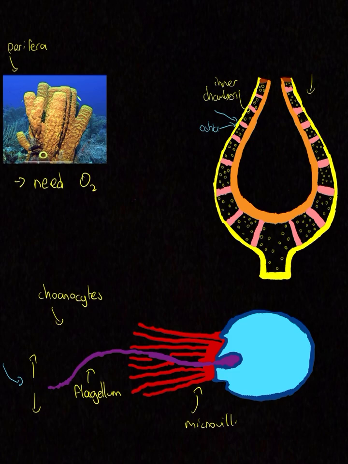It passes through a system of canals in the sponge, and as it does that, it passes through other cells like other choanocytes or other types of cells like amebocytes, which do other things like transport nutrients, and we'll discuss them more later.